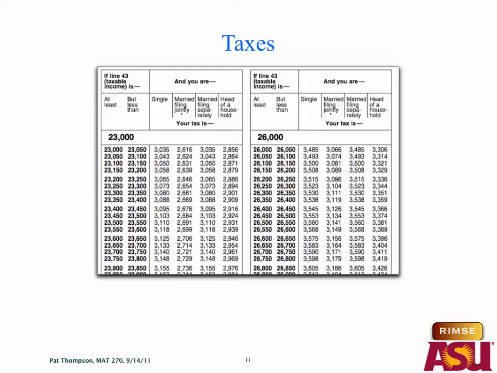If you made $26,400, or say $26,425, you look right here, and you're single. It tells you how much tax you owe on that amount of income if you're single. Okay.